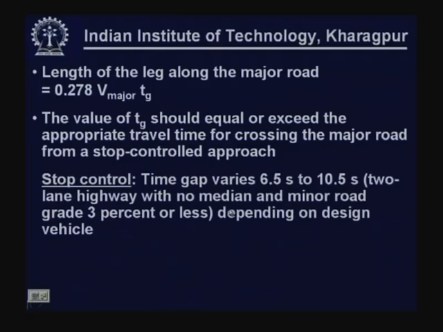Say for example, for car, if we find Tg is less than 6.5, then while calculating the length of leg along major road, we shall assume Tg as 6.5. Similarly, a different value should be assumed for other design vehicle.